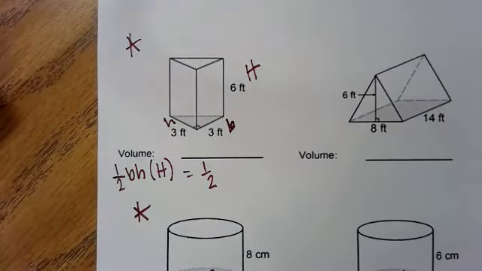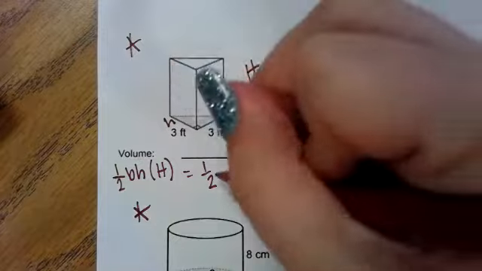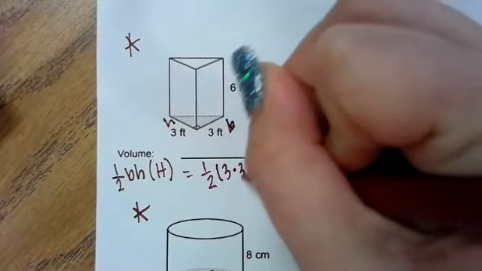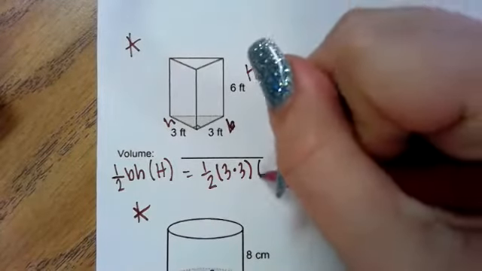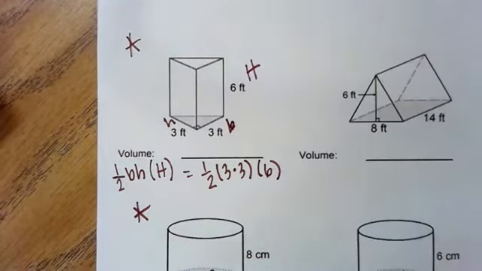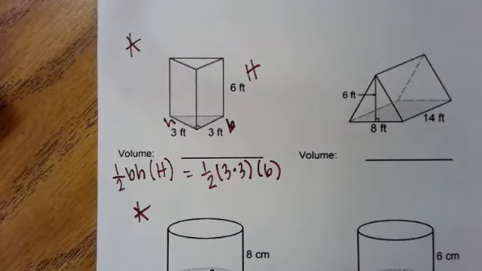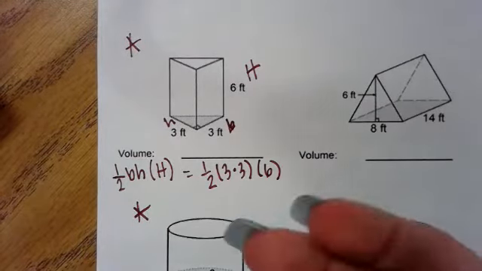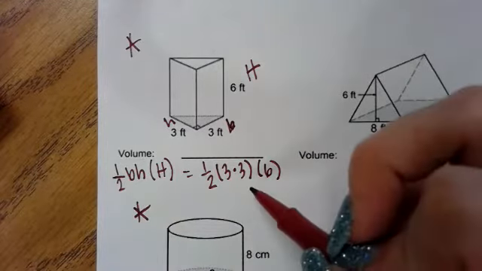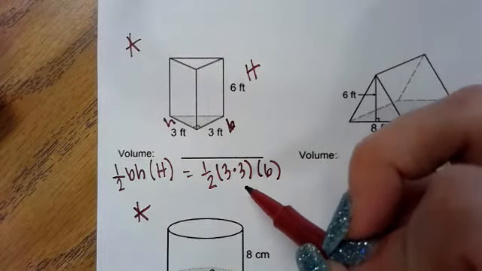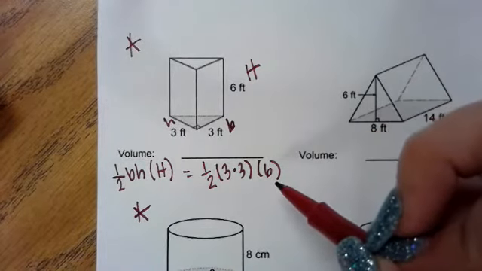So let's plug them into our formula and solve. We're going to do 1/2 times 3 times 3, and then multiply that times 6. You can pause the video and try it on your own to see if you get the correct answer, and then hit play. So 3 times 3 is 9. 9 times 6 is 54.